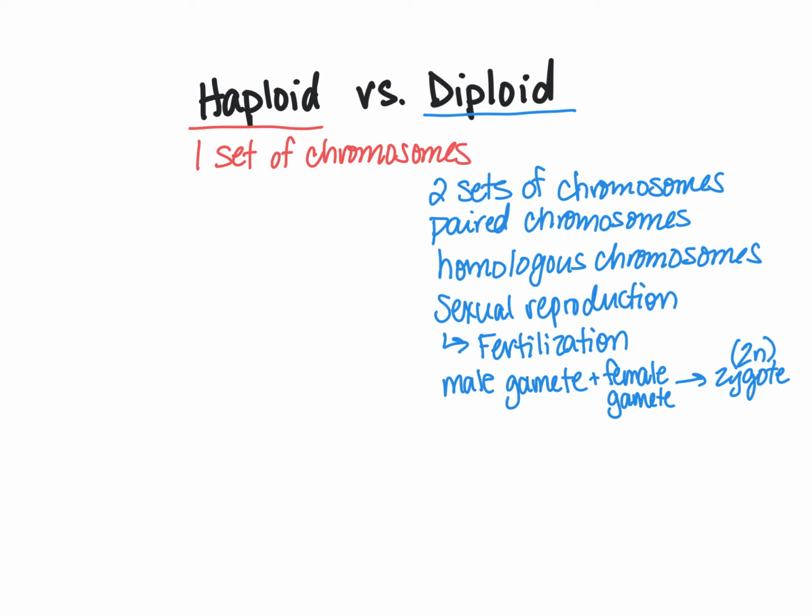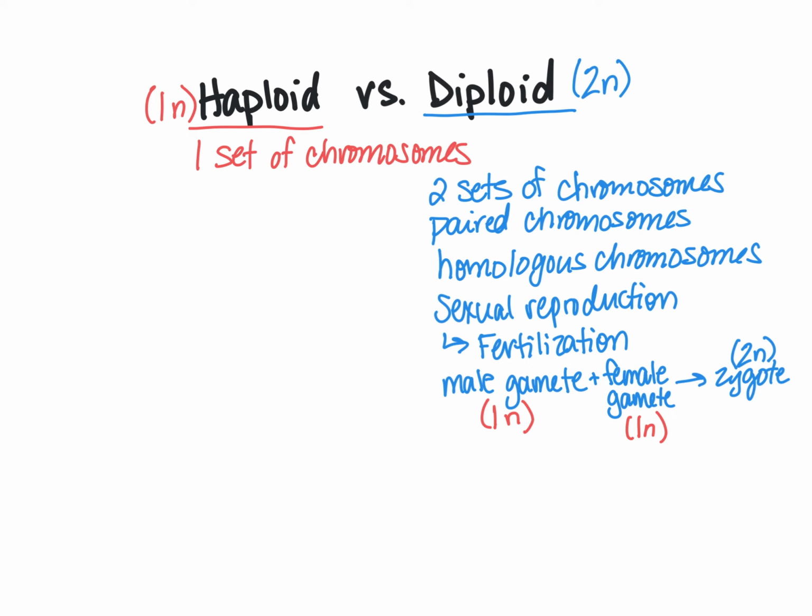And we denote diploid as 2N, whereas haploid is written as 1N. So the male gamete is 1N or haploid, the female gamete is 1N or haploid, and then when they fuse together, it forms a diploid zygote. So each set of the two sets of chromosomes comes from a different parent.